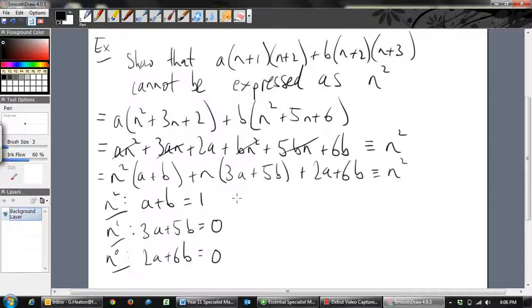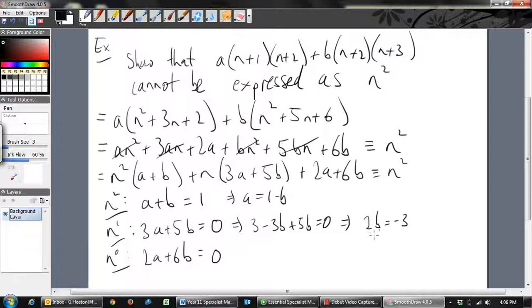What's the easiest way to do this? Elimination, or let's just do it like this. Okay, so a is equal to 1 minus b. That means you've got 3 times a is 3 minus 3b plus 5b equals 0. Implies, what have you got? 3 plus 2b, so you have 2b equals negative 3.